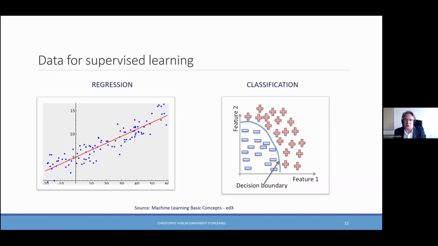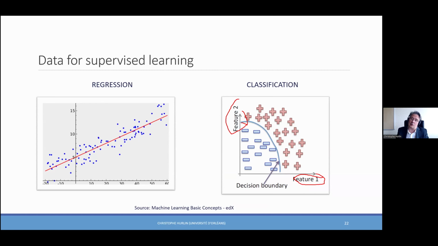Okay, so regression, classification. For instance, we have two features, x1 and x2, and then we have some observations y, some labeled with a plus, others labeled with a minus, so 0 and 1, for instance.